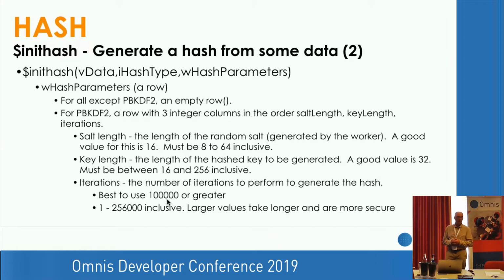And then the final parameter, unless you're using PBKDF2, is an empty row. But for PBKDF2, it is a row which has 3 columns, which are integers, which configure how the PBKDF2 hash is going to work. So you need to specify the length of the salt. Obviously longer is better, but longer may also mean that generating the hash will take longer as well, so generally 16 is not a bad value for the salt.